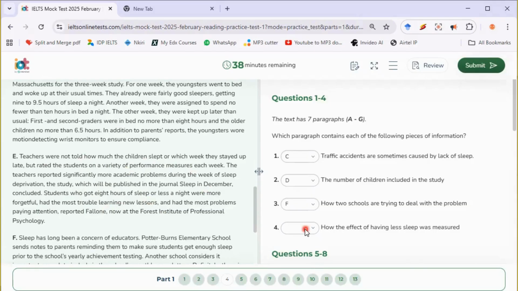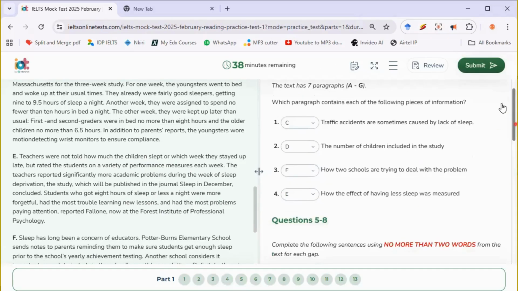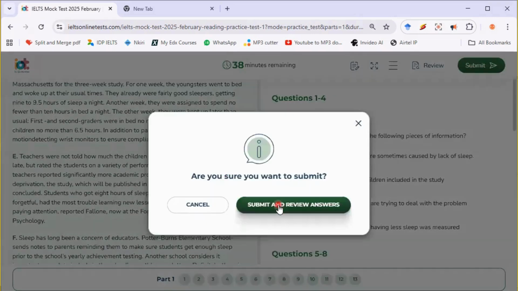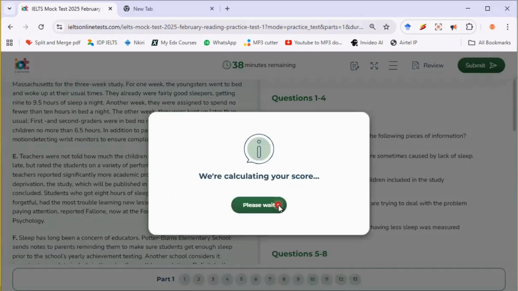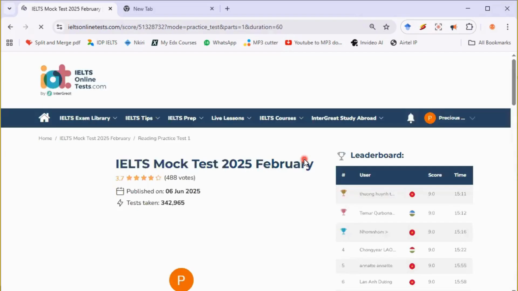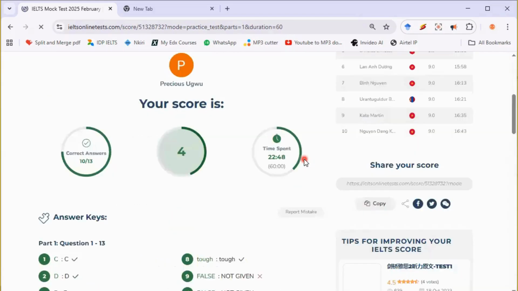It's between D and E. This one is very tricky, but I'm going to go for E. So I've solved everything. Let me submit and see what my score will be for this set of questions. I've solved gap filling, true false not given questions, and matching information questions. Let's see what my score will be.